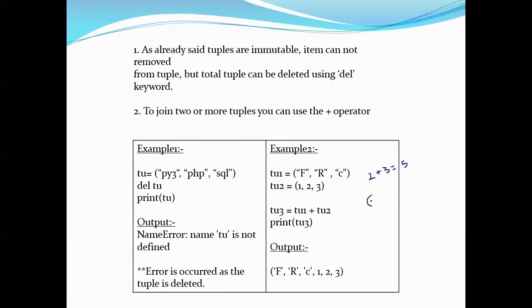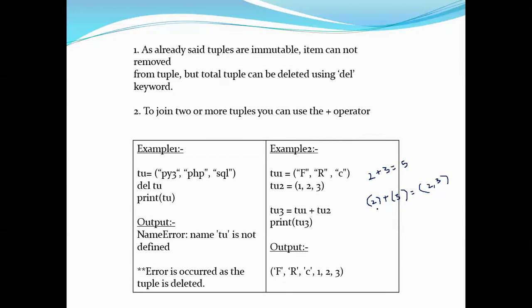But if you say 2 plus 3, where 2 is a tuple and 3 is a tuple, you cannot say plus is doing an addition. Here plus is going to do a joining operation where you will get 2 comma 3. You can call this a concatenation or joining or grouping or anything.